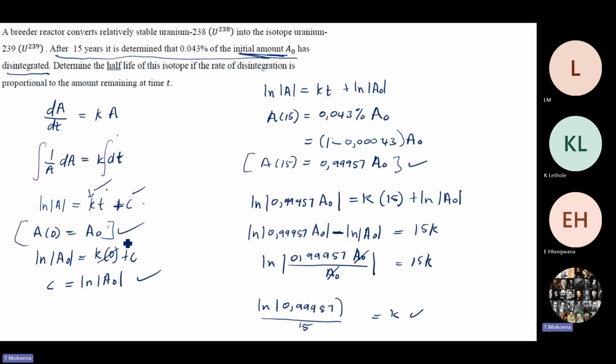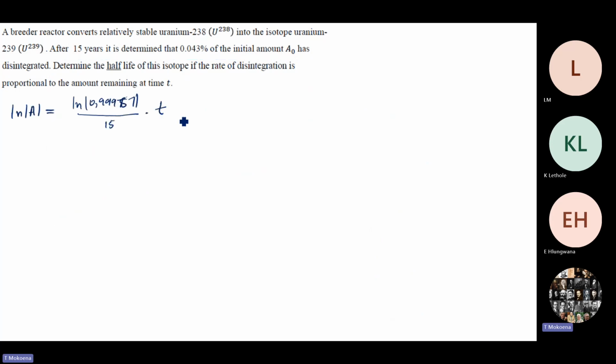We said our C is ln of what? Oh, there. It's plus ln of A sub naught. So now what we see over here, ne? This is not the final answer. This is the general solution, implicitly.